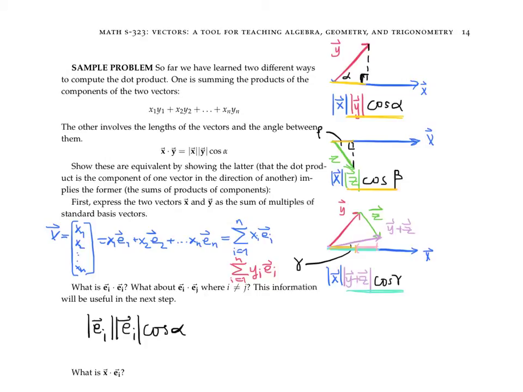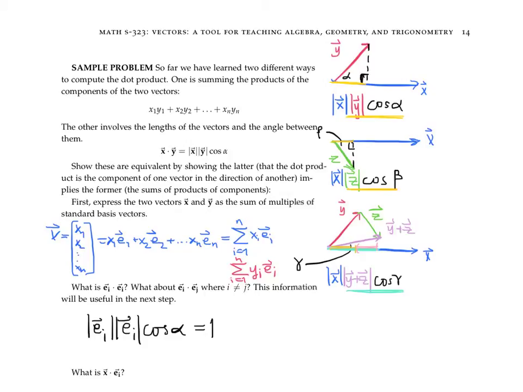They always have one component where the component is 1 and all the other components are 0. So this is length 1. Of course, e sub i is also length 1. Cosine alpha between two identical vectors, well, the angle between two identical vectors is just going to be 0. So cosine of that is 1. So we have 1 times 1 times 1, which is just 1.